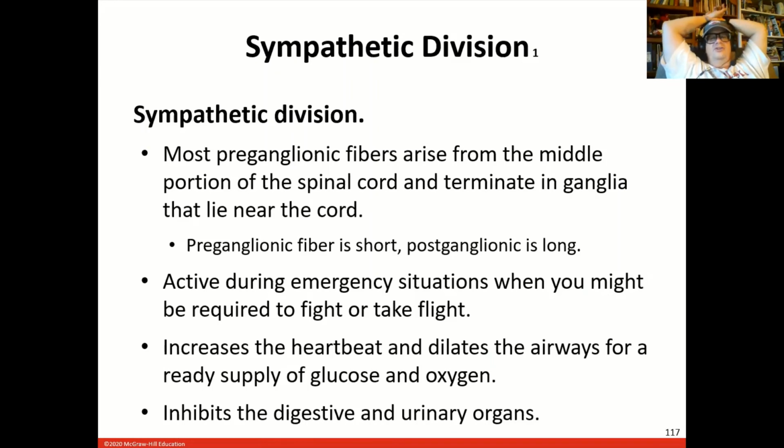If we're in an emergency situation and fight or flight, those are the choices we feel like we have, that's what sympathetic is doing. It's going to do things like increase your heartbeat, dilate the airways, dilate the blood vessels. This is so you get plenty of oxygen to the brain and to the muscles, so you know how to fight, you know where to go when you're running.